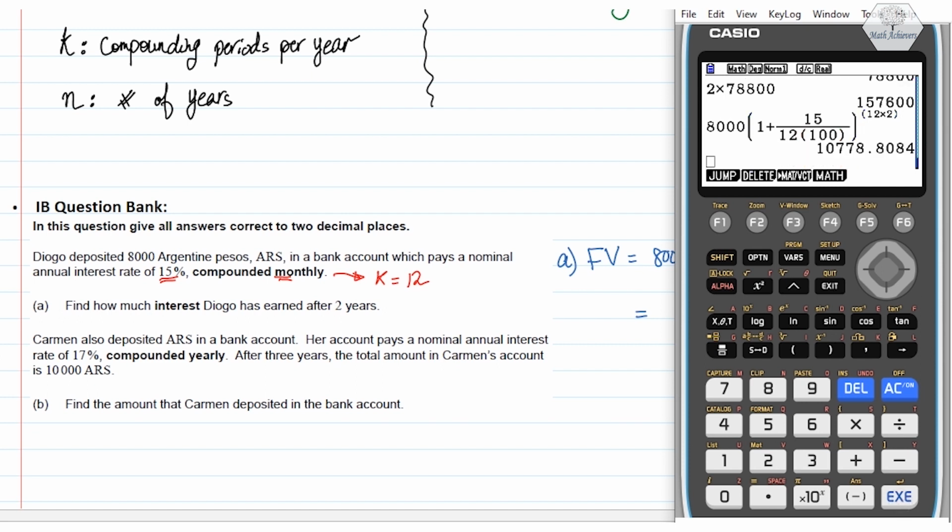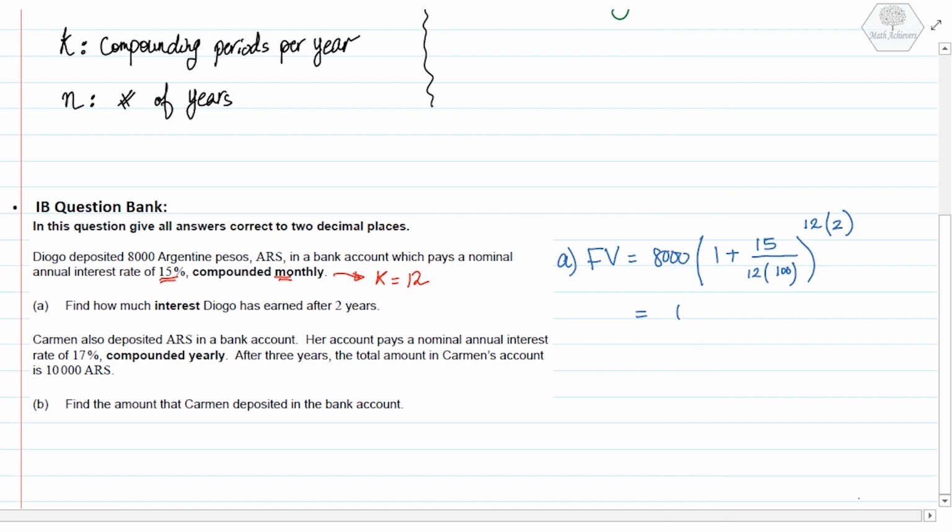And now the future value is 10,778.81. This is the future value.